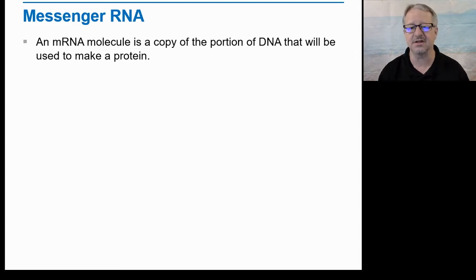Messengers carry messages. So this messenger RNA is carrying a message to ribosomes that are going to use their ribosomal RNA to know how to match up tRNAs with the bases that are in the mRNA strand. We'll get into how that all works. Don't let it confuse you too much.